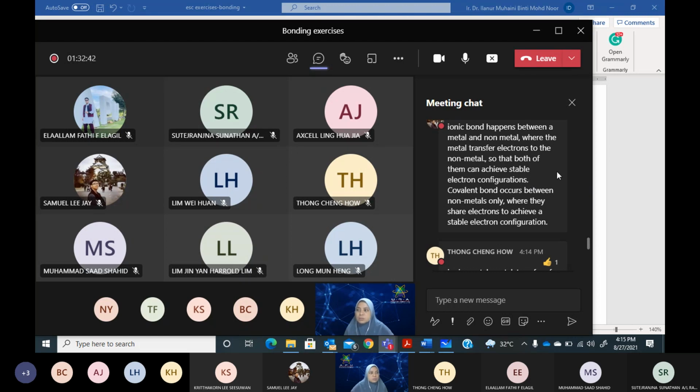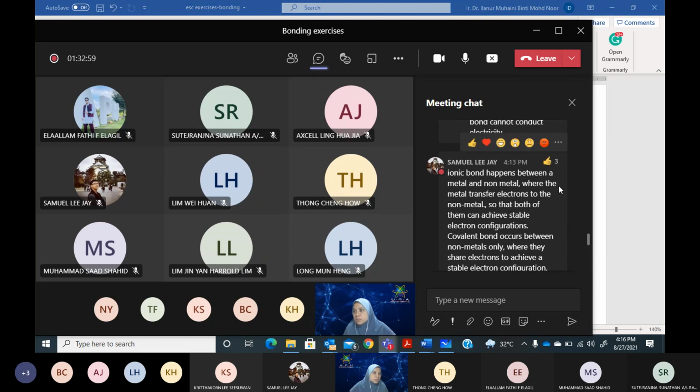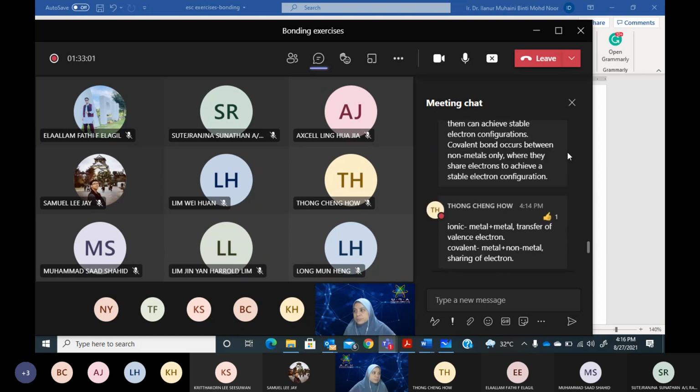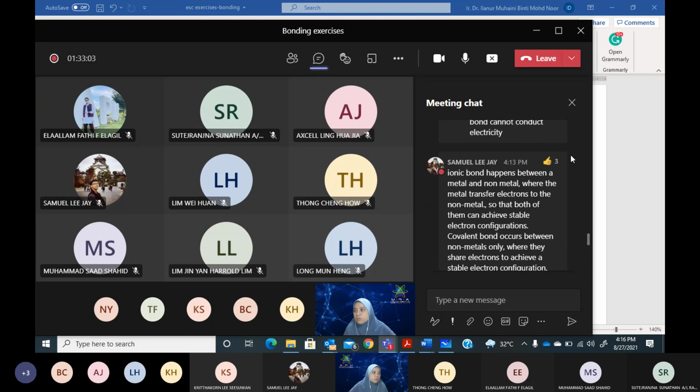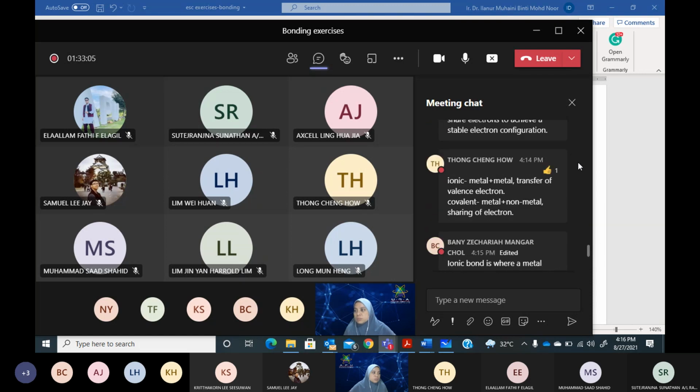Good sentence. Covalent bond occurs between non-metals only, where they share electrons to achieve a stable electron configuration. So his wording is clear, not so technical for people to read.